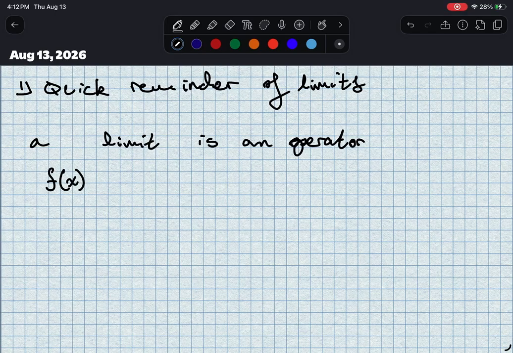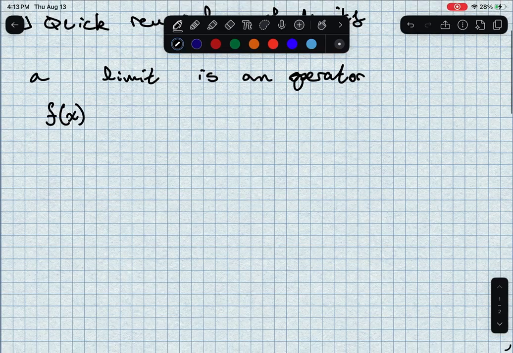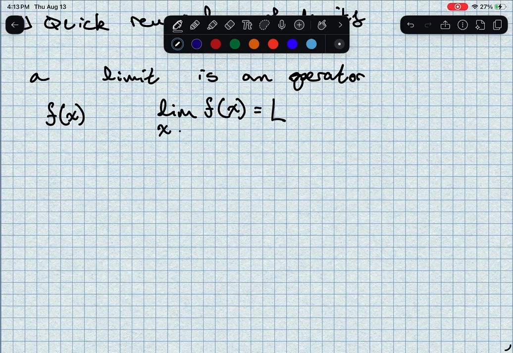It will tell you what the value of that function approaches as some input x approaches a different value. So we'll write this as the limit of f of x equals L as x approaches a.